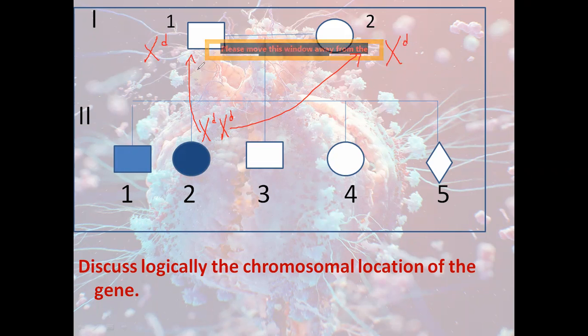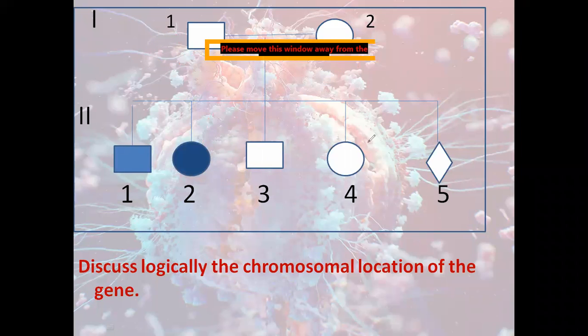So this father should be XD and Y, it has the allele of the disease on the X. And we are saying that if it's found on the X, this father should be affected. But this father is not affected. So it's not the case. So here we deny it on both the non-homologous part of X and the non-homologous part of Y.